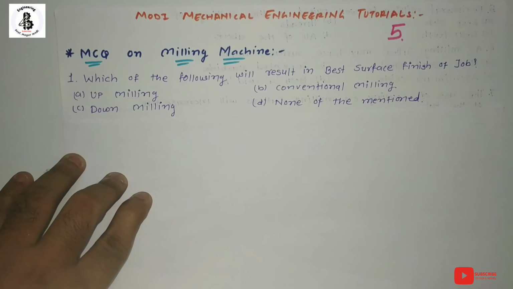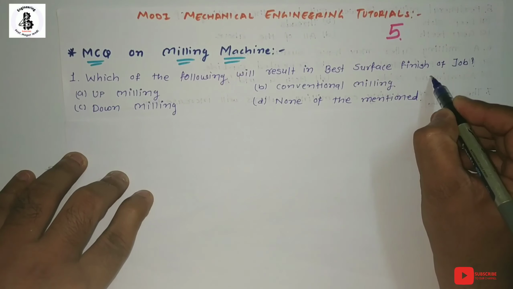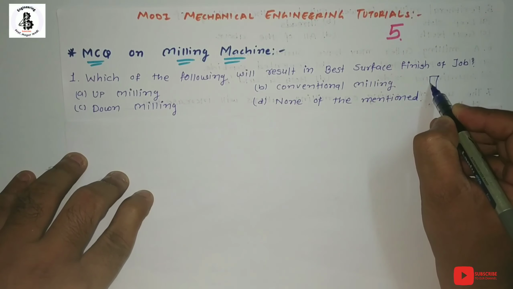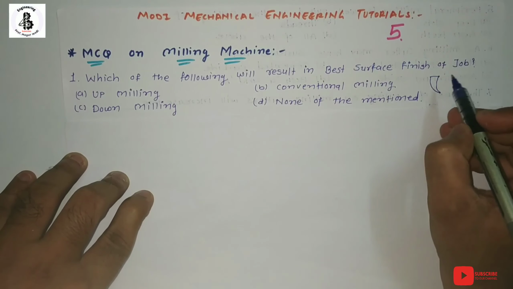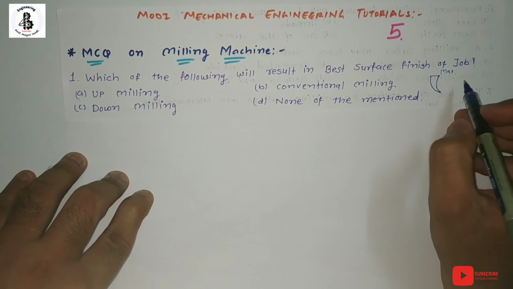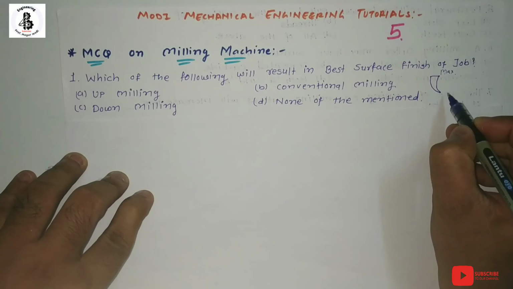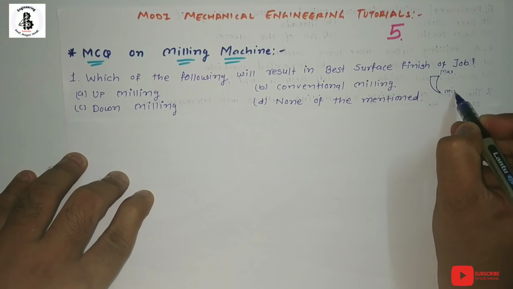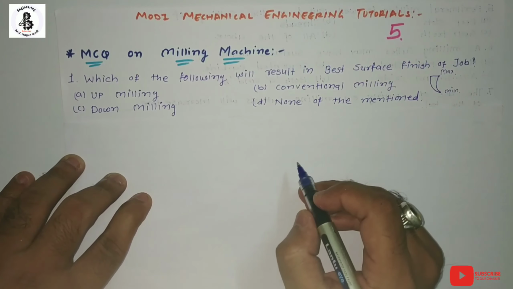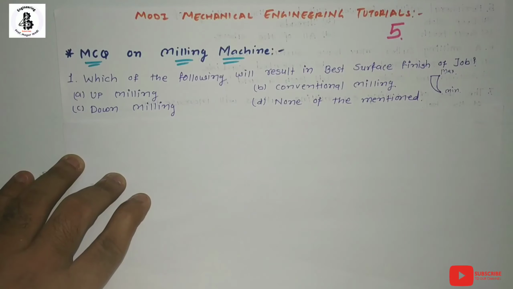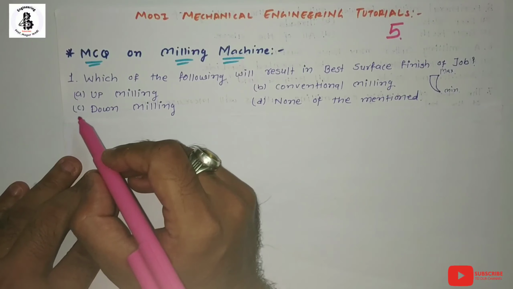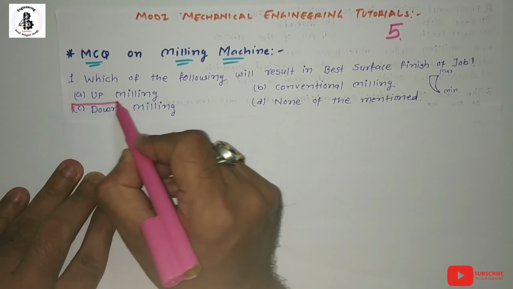In down milling, at the initial stage there is a requirement of a higher cutting force, as well as a larger chip thickness. At the end of the down milling process the chip is minimum, so less force is required, so you can easily perform your operations with higher accuracy, or you can say good surface finish. So the right answer is C, down milling process.